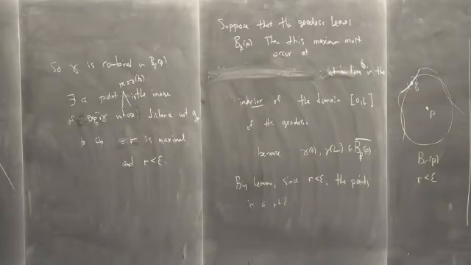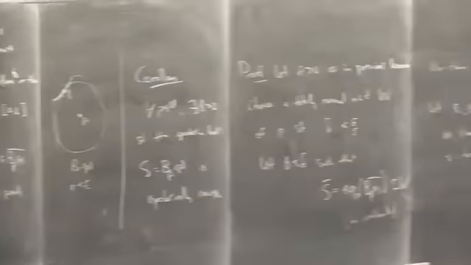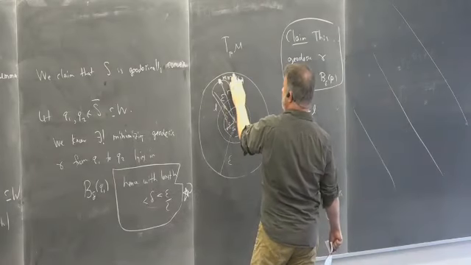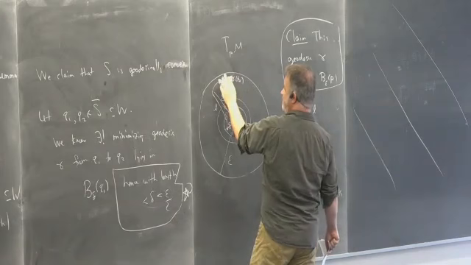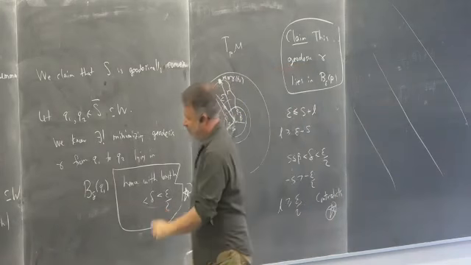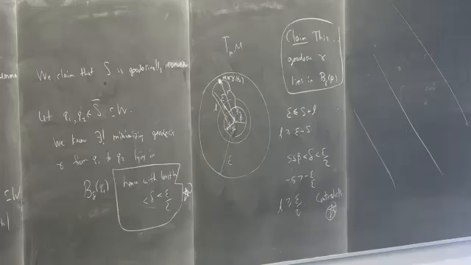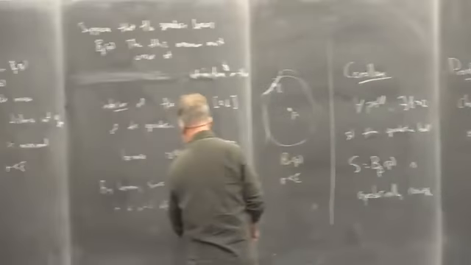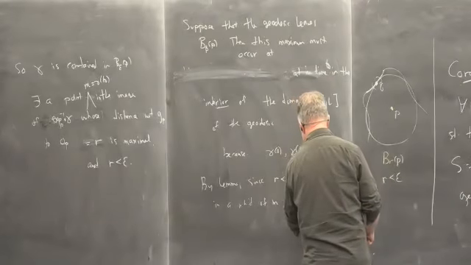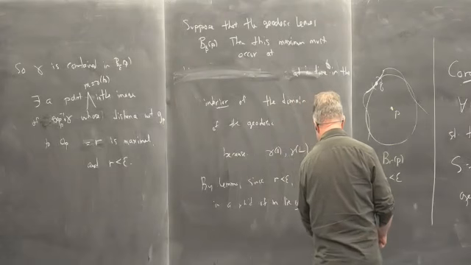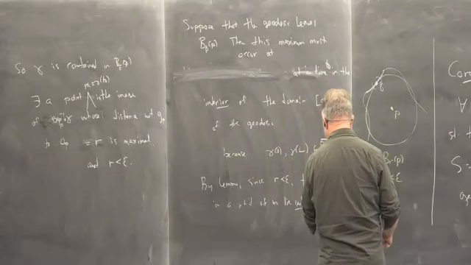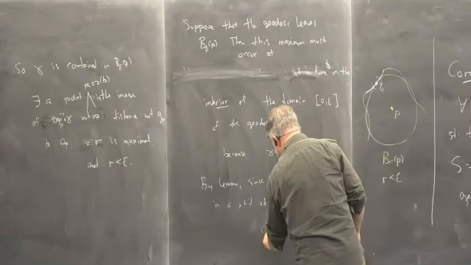So in the picture, this is the point m, which is gamma of t naught. Well, this is x inverse of m. I'm kind of abusing notation, writing the points and the images. The points in a neighborhood of m lie outside of B r of p, and that's a contradiction.